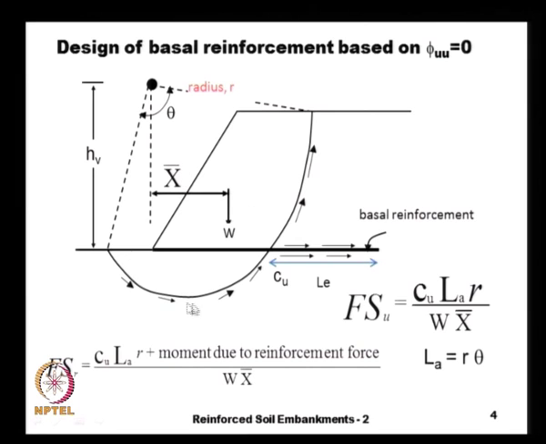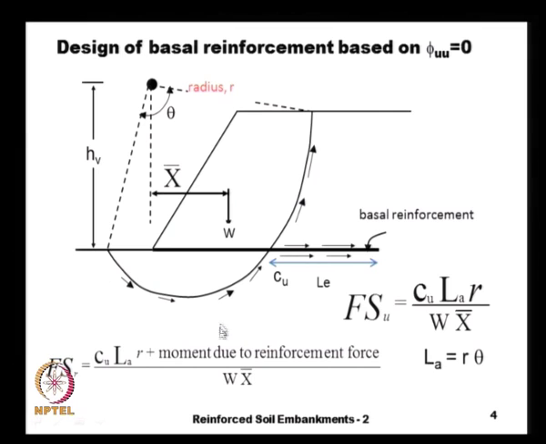The stabilizing moment is because of the cohesive force acting along the slip circle length, that is Cu times La, where La is the length of the slip circle, multiplied by the radius r. That is the factor of safety of the unreinforced slope.